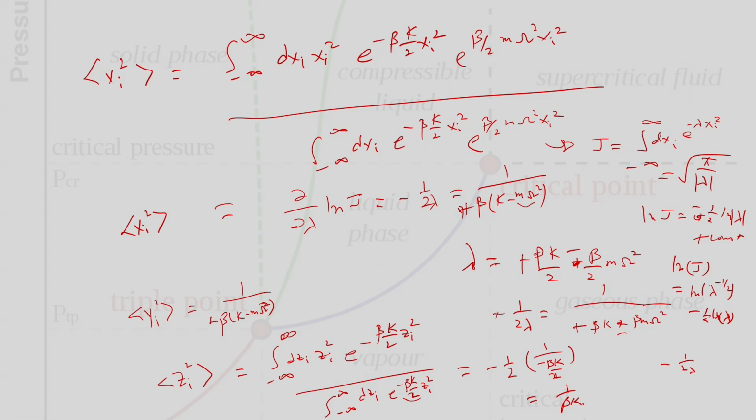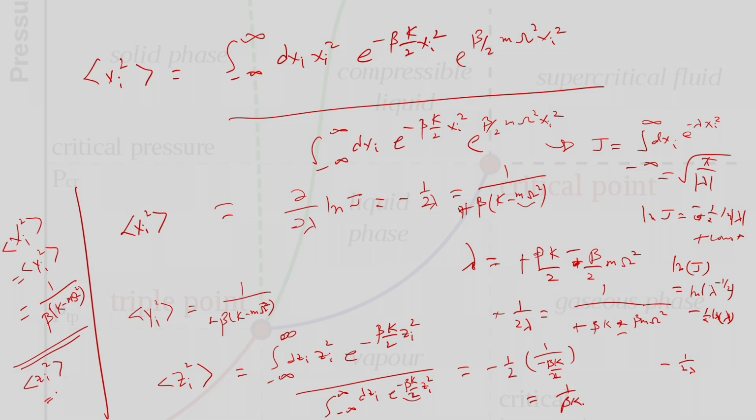Now let me summarize. The average value of x squared is the same as the average value of y squared, which is 1 over beta times kappa minus m omega squared, whereas the average value of zi squared is as if there is no omega.